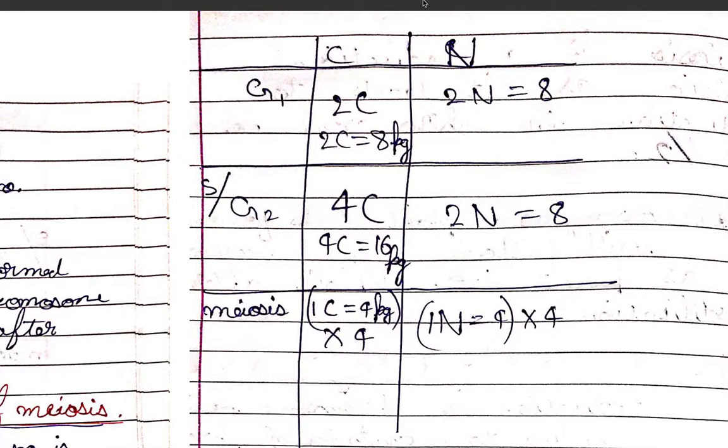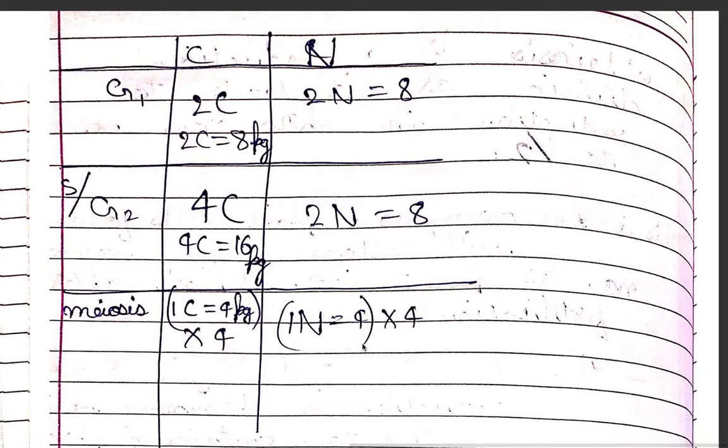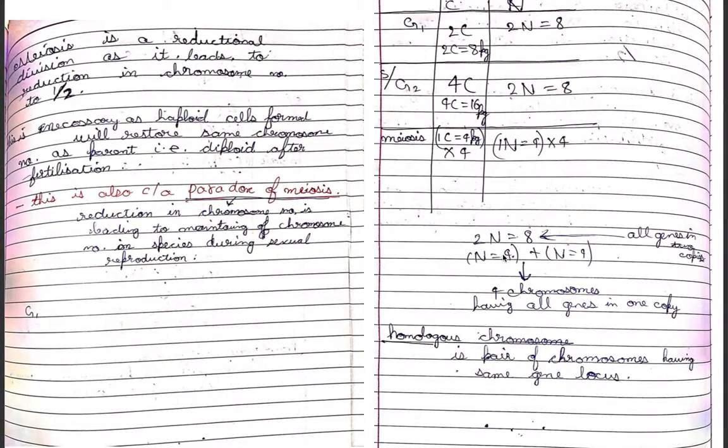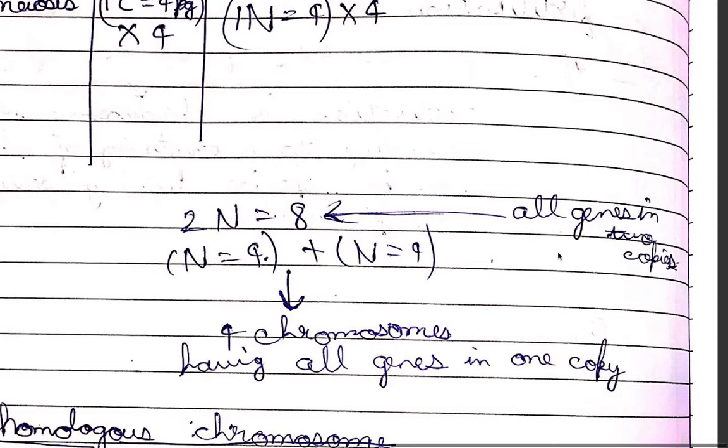Similarly, in 2n equal to 8, whole genes are in two copies, all genes are present in two copies, but here there are four chromosomes having all genes in one copy. Here on division n plus n is equal to 4, and then plus n is equal to 4.